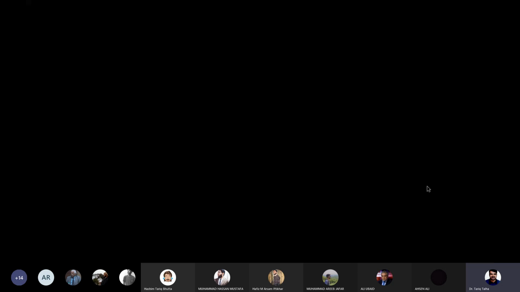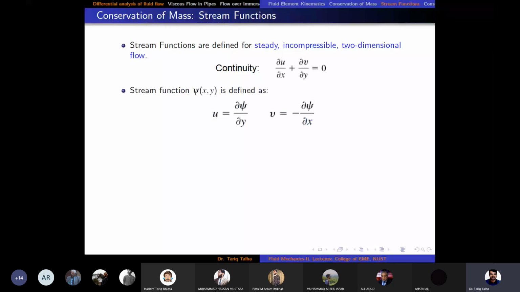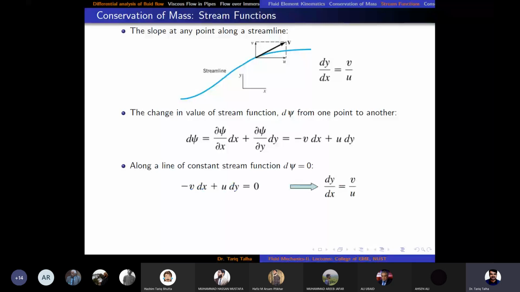Okay. So now going back to the stream function concept, as we have discussed, along a streamline the stream function value remains constant. Now, the change in stream function is closely related to the flow rate through the flow field.